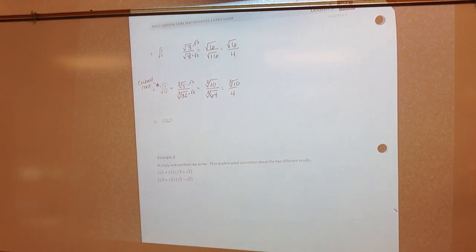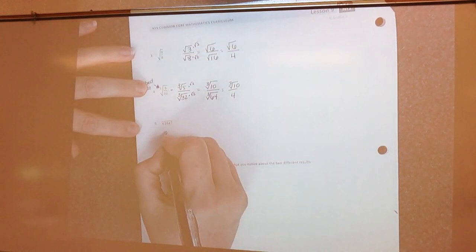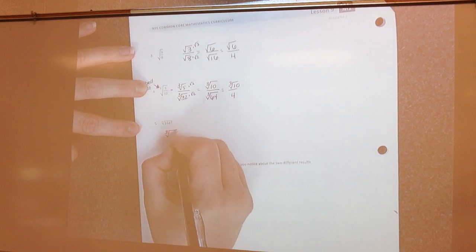All right, so now we've got the cubed root of 16x to the 5th. Let's think about this. I want to break it up. I'm looking at something times something, and one of those needs to be a perfect cube. So 8 is a perfect cube.